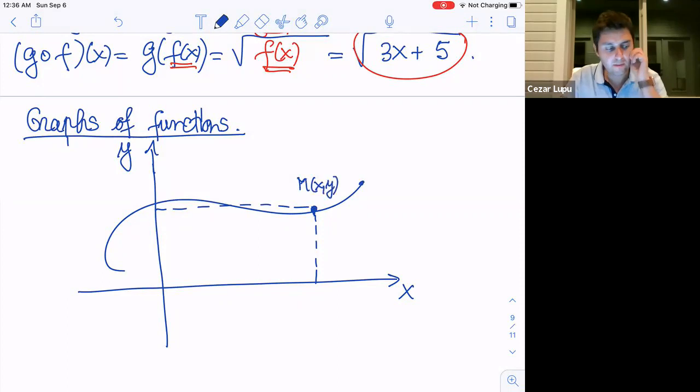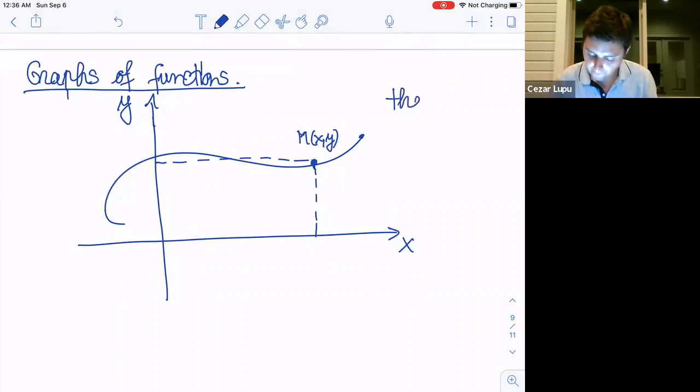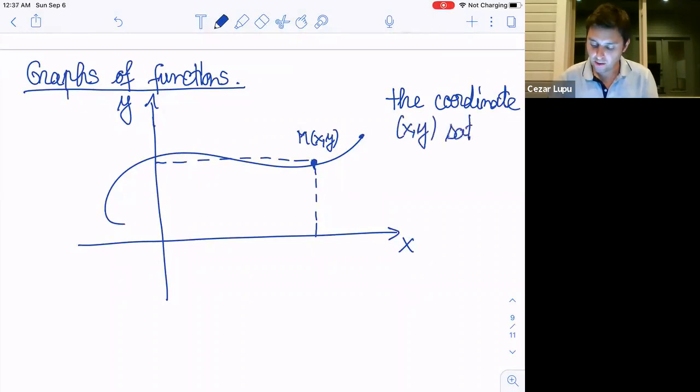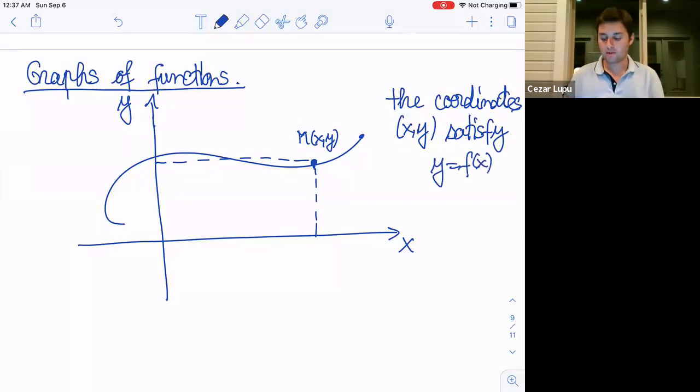So the graph of a function f consists of points whose coordinates, let's say x and y, of that point M, will satisfy y equals f of x. So this is the graph of a function, y equals f of x.